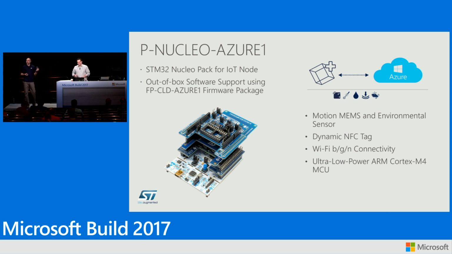It basically implements a smart thing that is connected through Wi-Fi to the Azure cloud. It's based on an ARM microcontroller, a low-power, battery-friendly Cortex-M4, and it has a full set of sensors to sense the environment and motion. It's connected to Azure IoT and is running the device SDK, our porting of the device SDK.